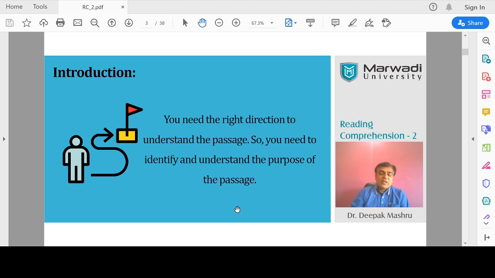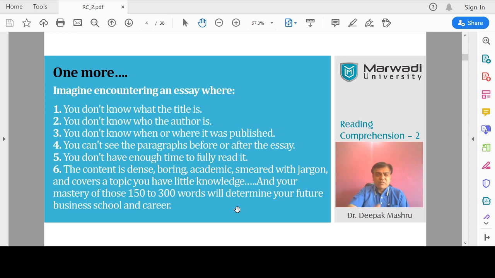That means if you do not know the objective of reading, it is good for nothing. That's why it is a very basic, fundamental thing that you should know why you are doing this, right? Okay, that was the first thing.